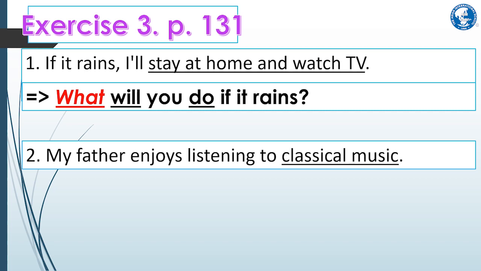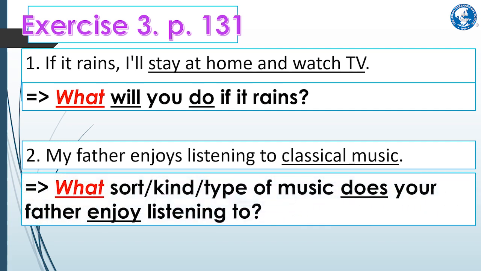Classical music refers to a sort, a kind, or a type. So the question should be, what sort, what kind, or what type of music does your father enjoy listening to? Does is an auxiliary, then your father, and then you use enjoy in a bare infinitive form.